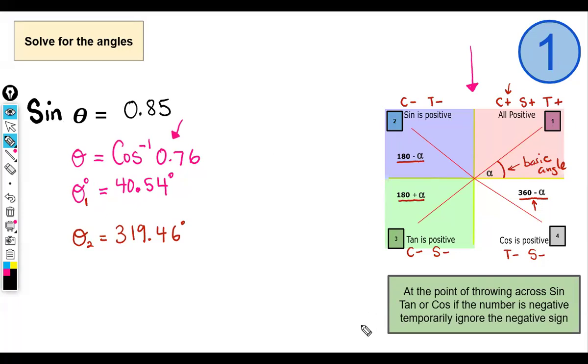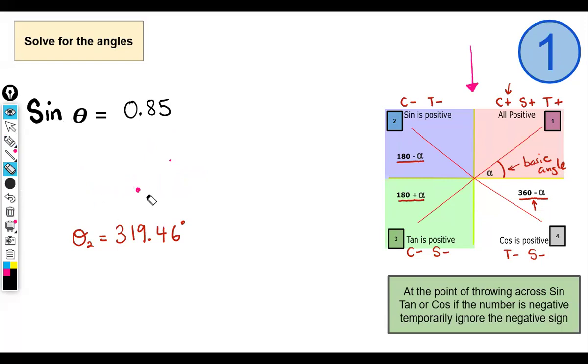Let's solve for the angle and get our two answers. So the question starts up, and the first thing we have to do is, there's only one thing we could throw across in this question, because there's only sine theta. We want to get rid of the sine. So the only thing to throw across is the sine. When you throw across the sine, it goes to the other side.